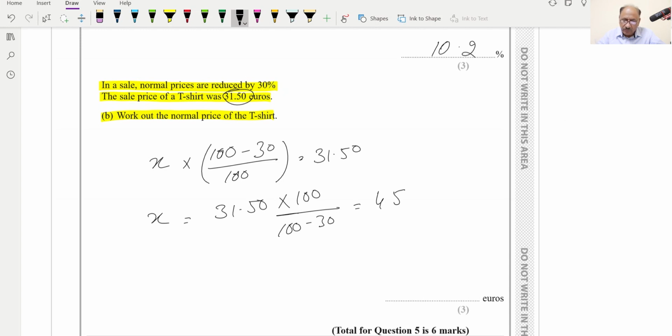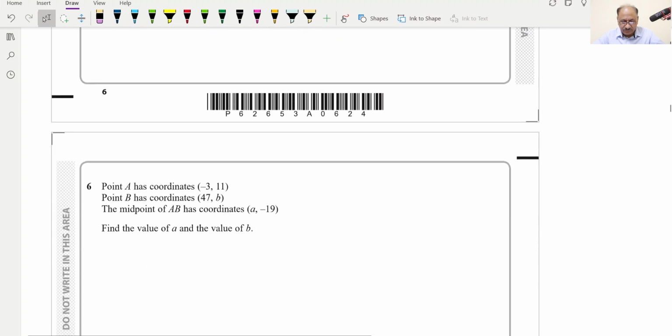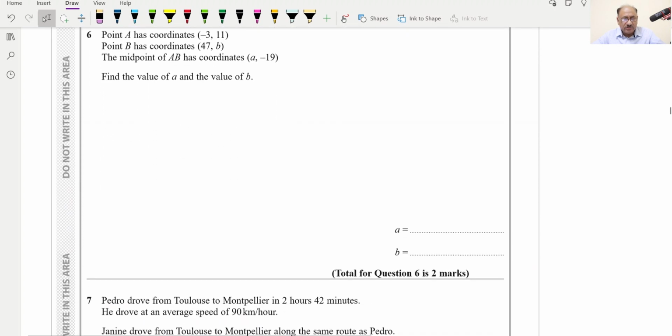So the original price was 45 euros, and the reduced price is 31.50 euros, which is a 30% reduction. Hopefully you understood everything.